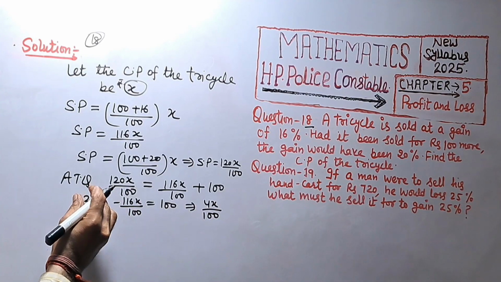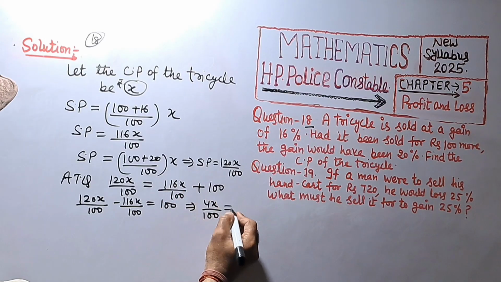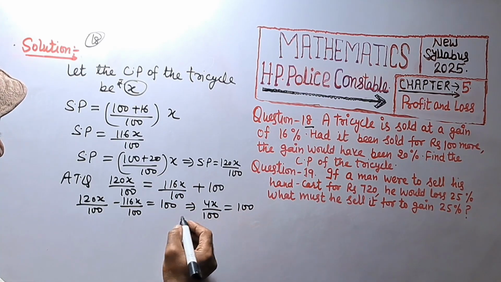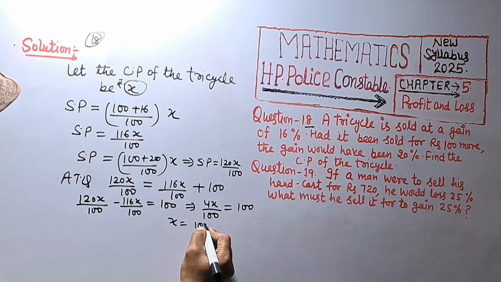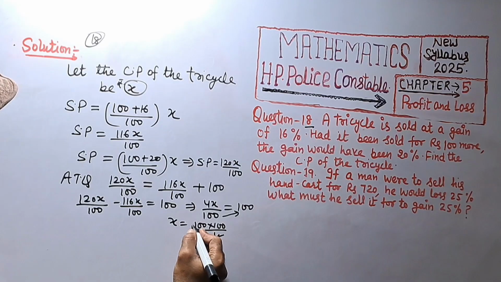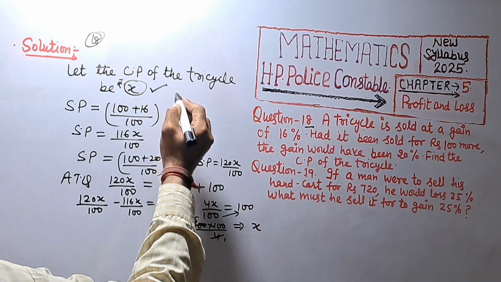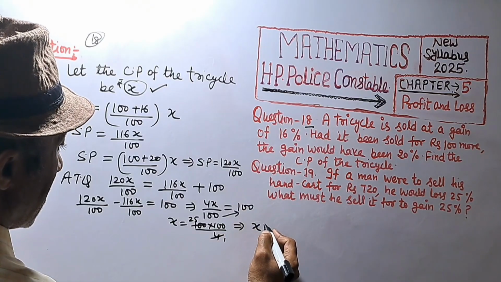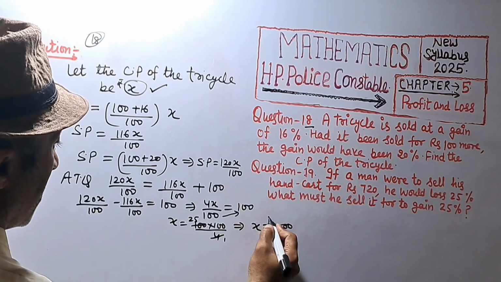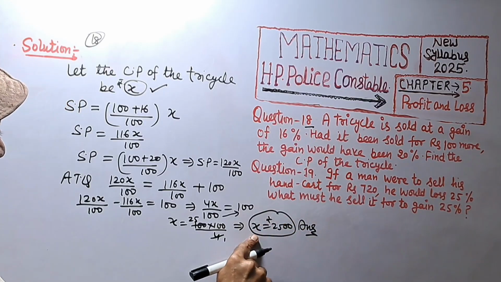Base is equal, so 4x equals 100 into 100, so x is equal to 100 into 100 divided by 4. 25 fours are 100, and 25 multiplied by 100 gives cost price X equal to 2500 rupees. Answer.